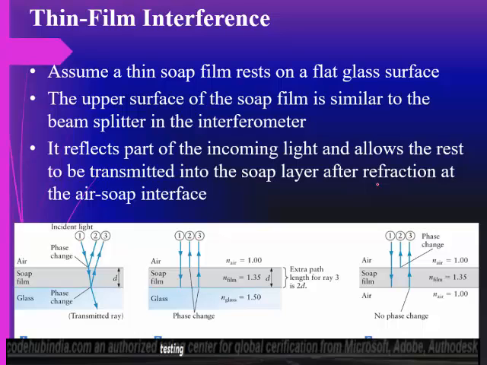Then the phase change, incident light, phase change. Then what will we look at?